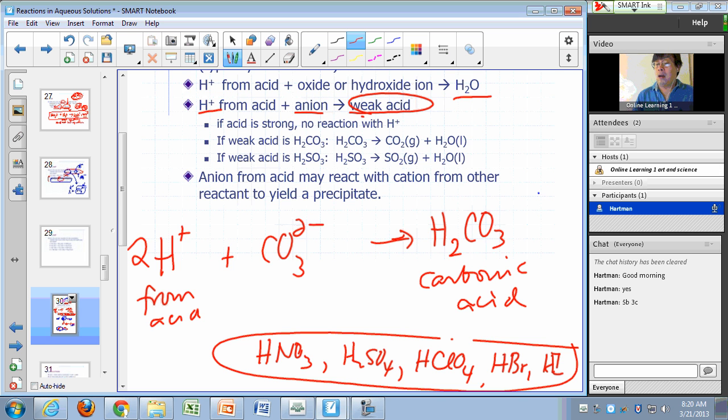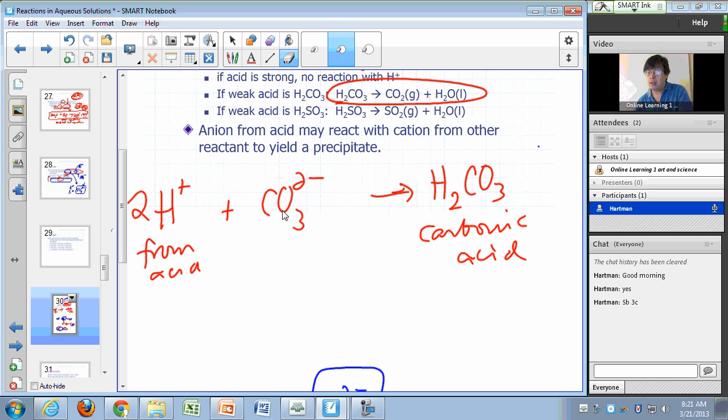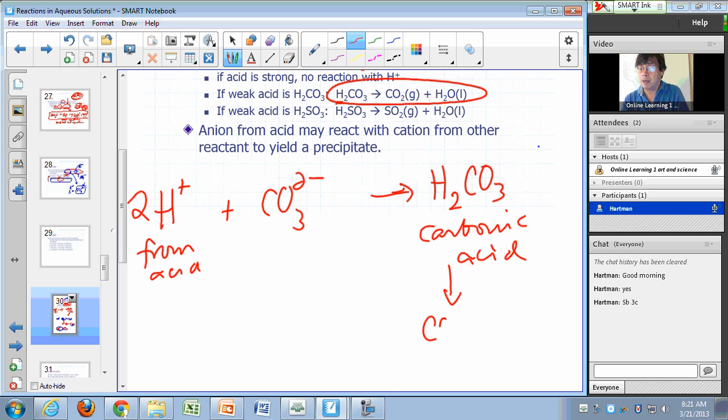And what happens to carbonic acid is it readily decomposes into carbon dioxide and water. So you don't get a whole bunch of carbonic acid because that will readily break apart into carbon dioxide and water.